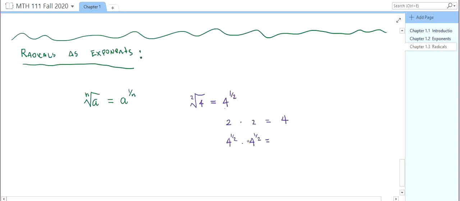Well, if we remember our exponent mathematics, that's the same thing as saying 4 to the 1/2 plus 1/2, which equals 4 to the 1. So you can see this is the same as this.